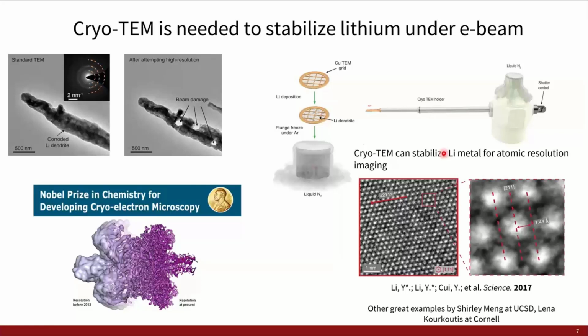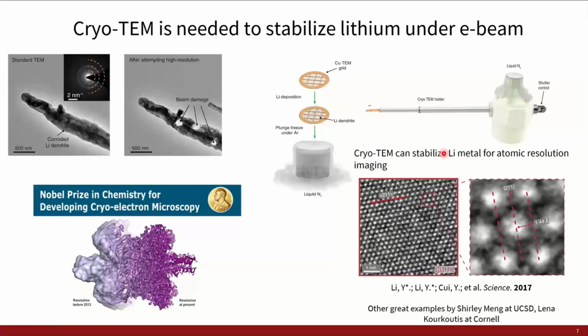But if you assume that it is good enough and you get into the TEM column, you still have to deal with the beam damage issue. So if you can transfer, say, lithium metal that's been protected from air reaction, you would not be able to get high resolution images because the lithium metal is still being beam damaged by the electron beam.